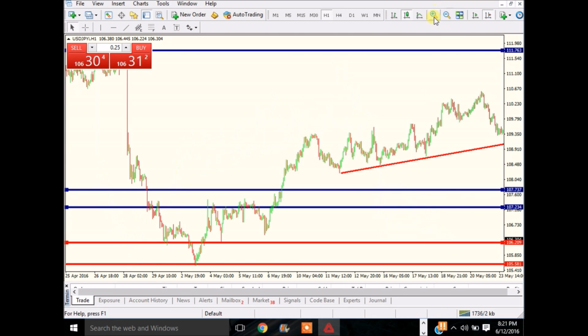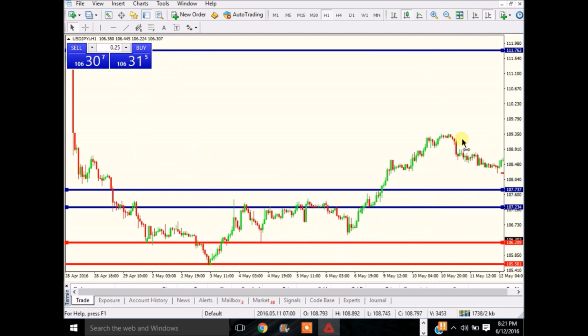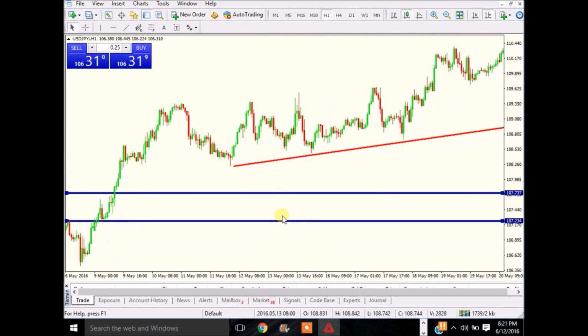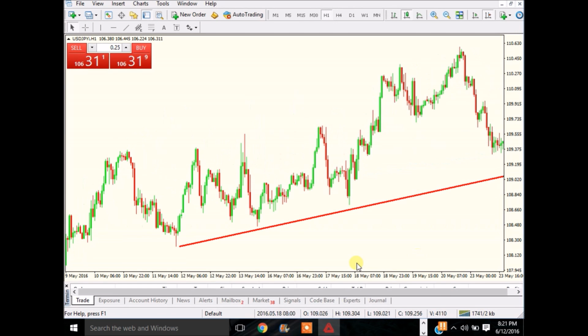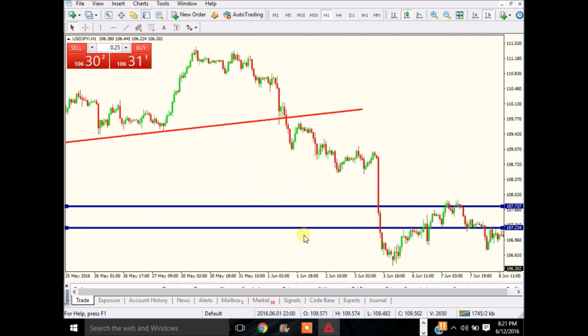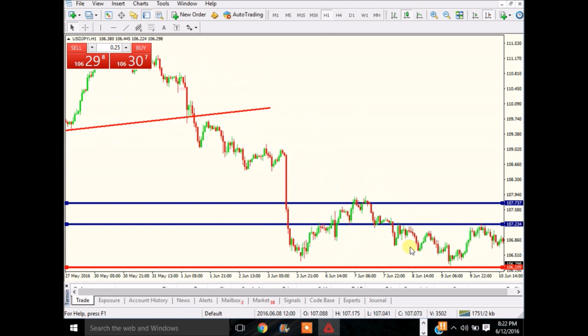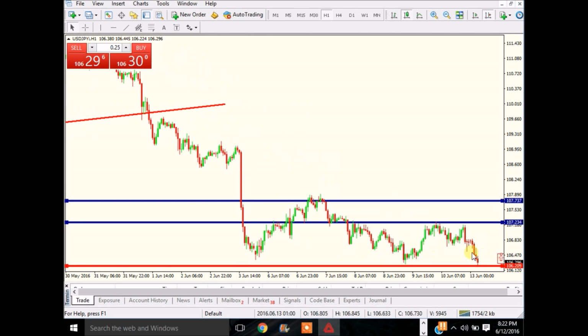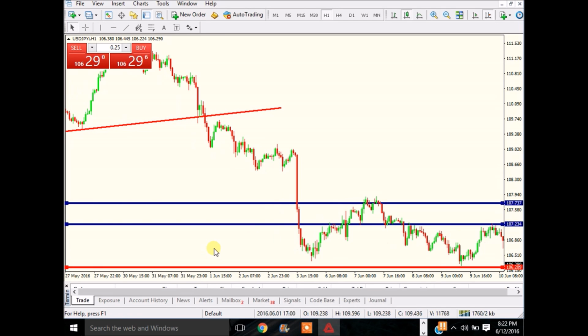I'm gonna give you guys another example. Try not to move anything this time. Alright, so I'll give you guys an example down here. You guys see when it broke? It was a long candle, and it broke it.